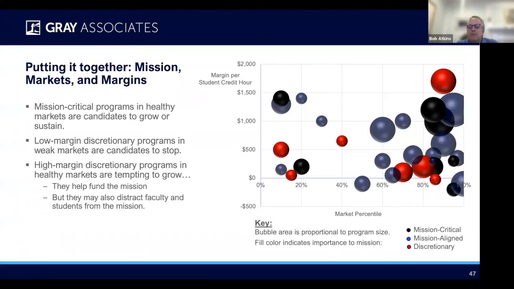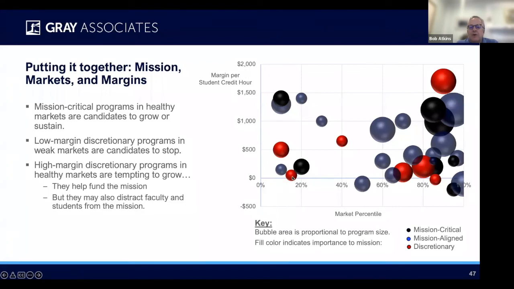Hard to say what the problem is there, but it's not the market because it's getting a very high market score. So there's an opportunity there for improvement. Even if we don't improve it, though, that's a mission critical program, so we're probably going to keep it no matter what. This red dot over here hovering around 0 in a lousy market, 20th percentile market, that's a whole different discussion. And that's one of the programs you probably want to look at.